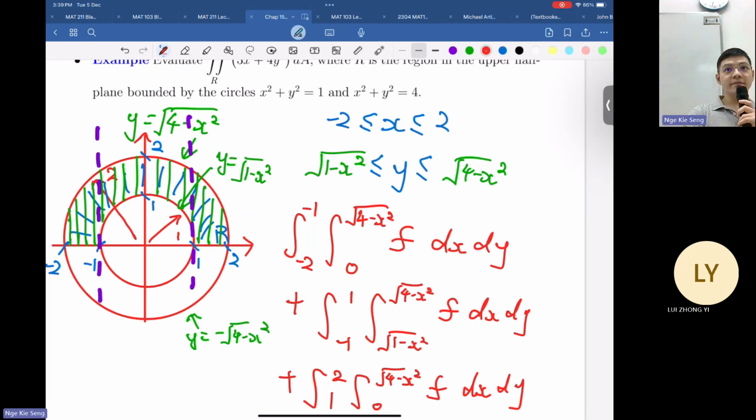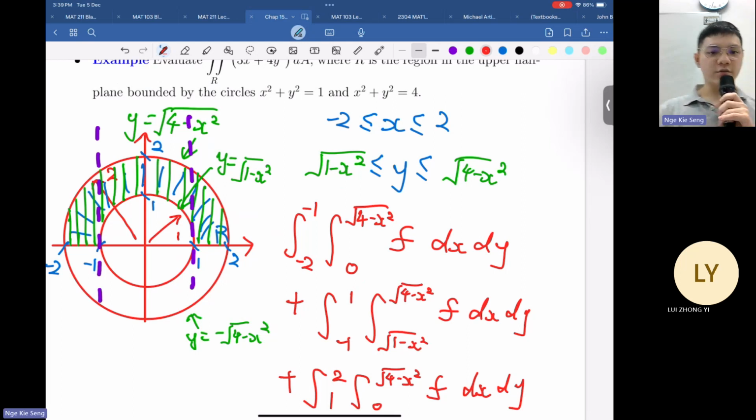We want to avoid this mishap by just doing polar integration. We don't want to go through this many integrations, all the square root calculation. How to bypass it? We use polar.